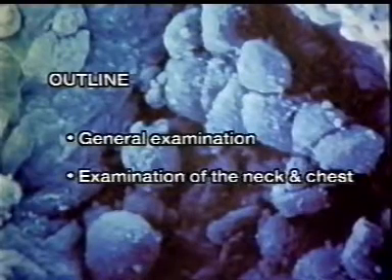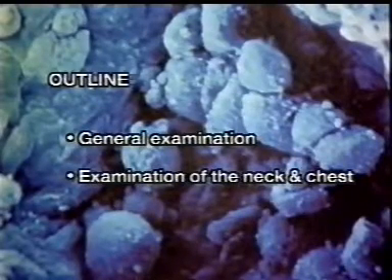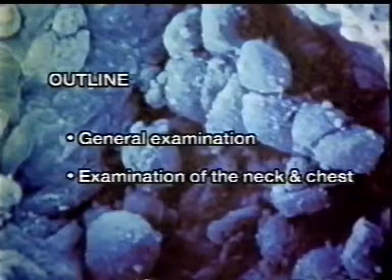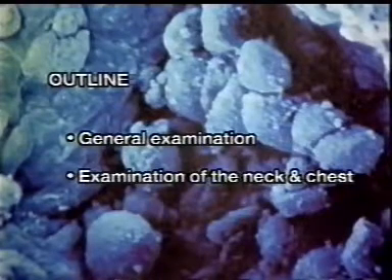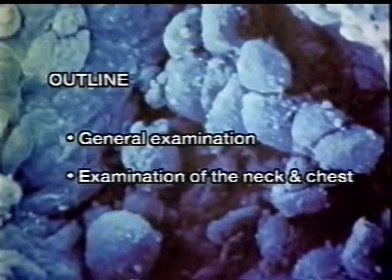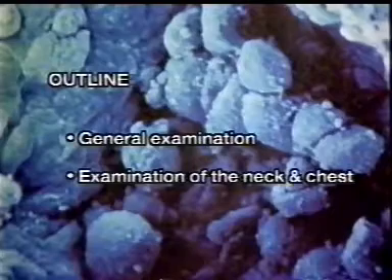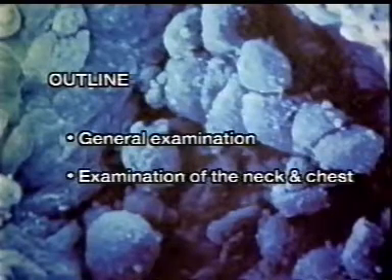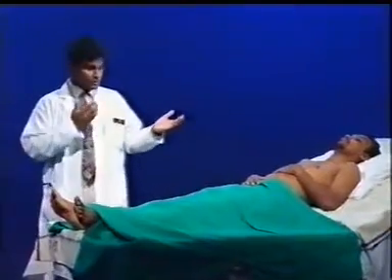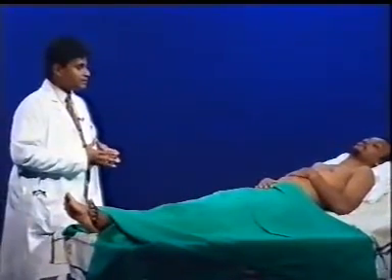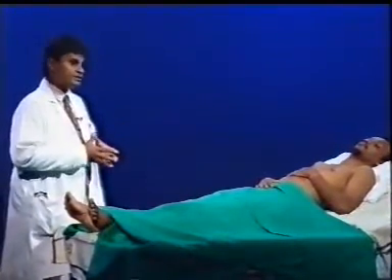Traditionally, we perform the clinical examination first by doing a relevant clinical examination of the general body, then proceeding to examine the neck and the thorax. You should begin the examination as you approach the patient.